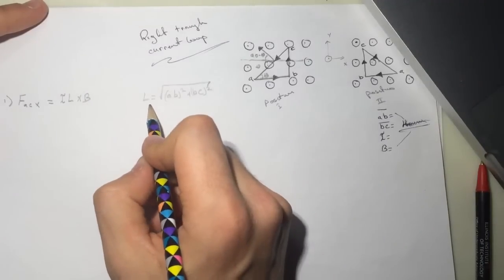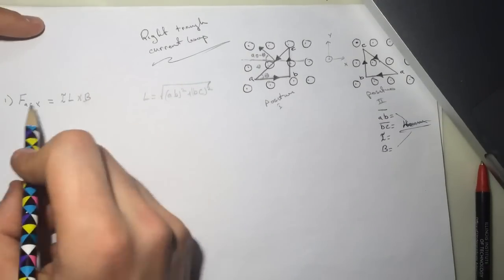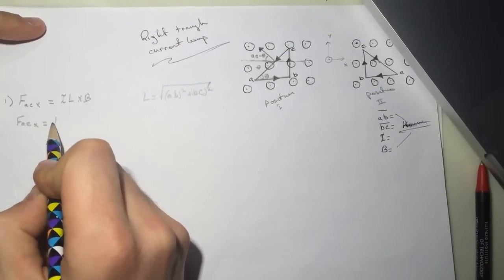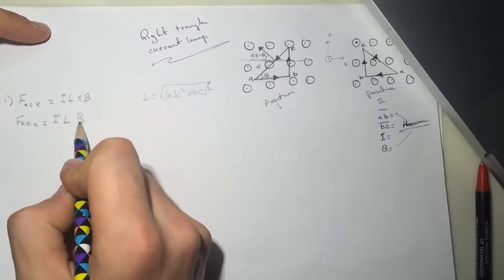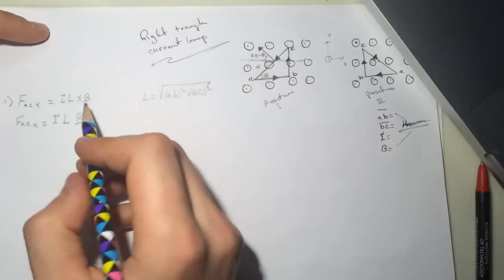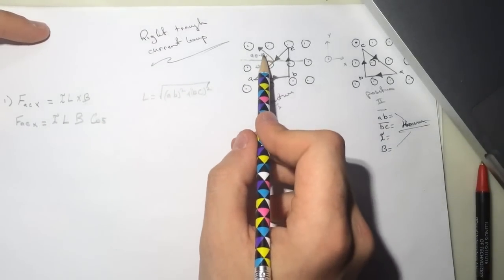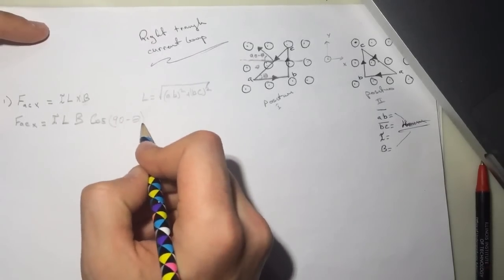You can find the L this way, and the B is known, so FACX is equal to I, which is known, L, which you find this way, and B, and then we do the cosine of 90 minus theta.